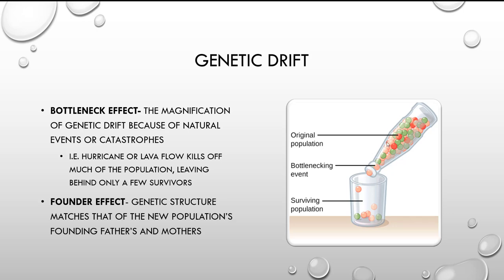So like in this case, you can see in the bottle, the red beads, they don't even make it to the surviving population. So that allele died off just due to chance. Okay, there have been examples of the bottleneck effect. We had, for example, the northern elephant seal off of our Pacific coastline.